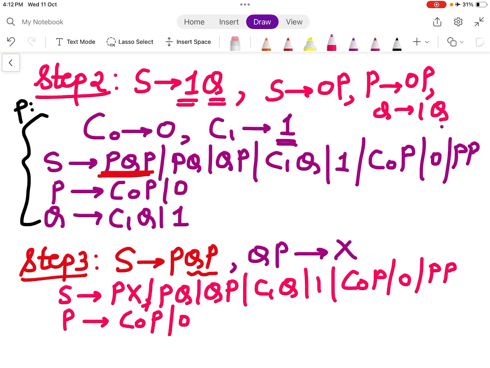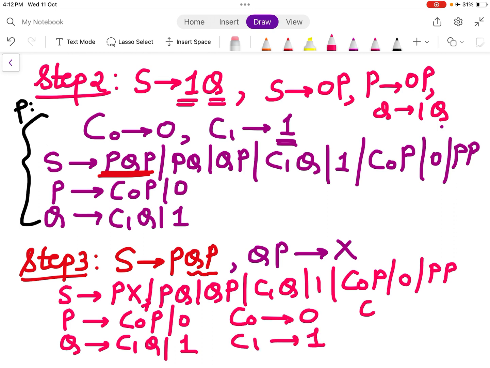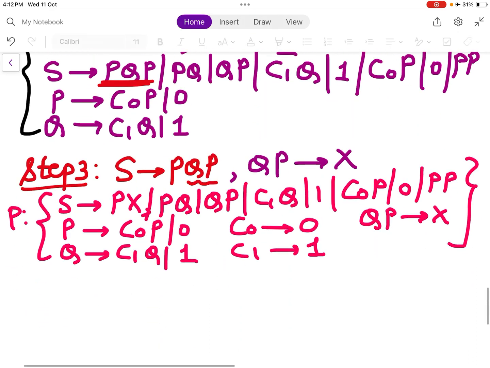P is C0P slash 0, Q is C1Q slash 1. C0 we had replaced with 0, C1 we had replaced with 1, and QP we had replaced with X. So this is your final production of Chomsky normal form.